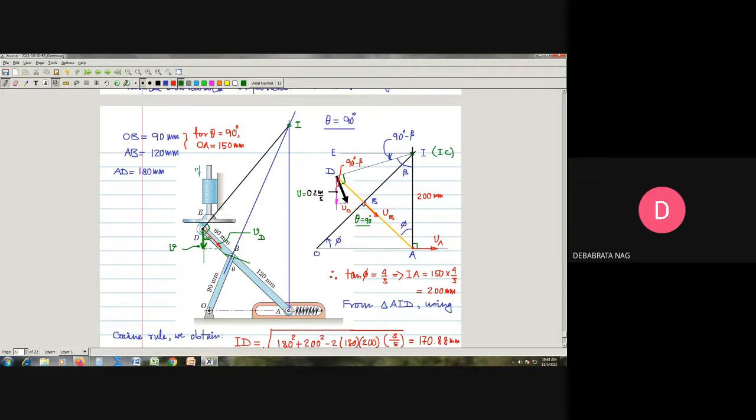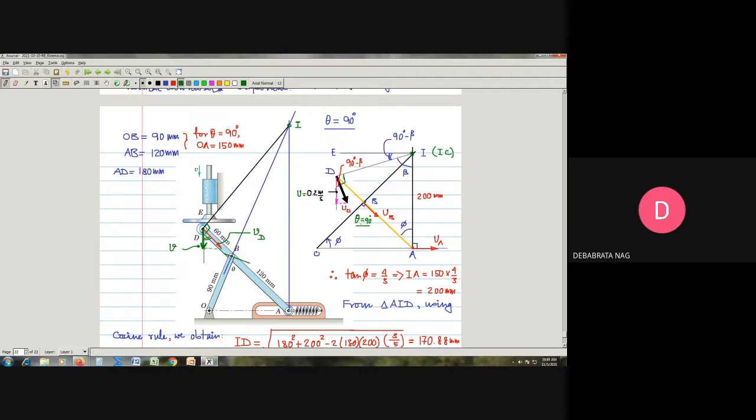It is pretty simple to note that we see from here that the distance OB is specified. The distance OB is known to be equal to 90 millimeters, and the distance AB, you see, this is the distance AB, is known to be equal to 120 millimeters.